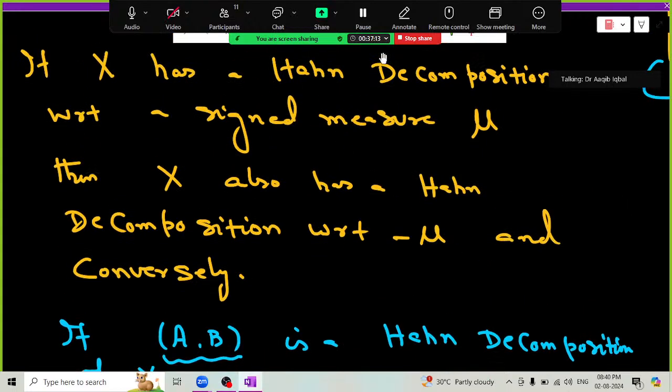In view of this observation, it is sufficient to establish the existence with respect to one of the signed measures, mu or minus mu. Because if you have established existence with respect to mu, existence with respect to minus mu will be automatically established. I think I have made my point, so I'll directly go to this statement now.